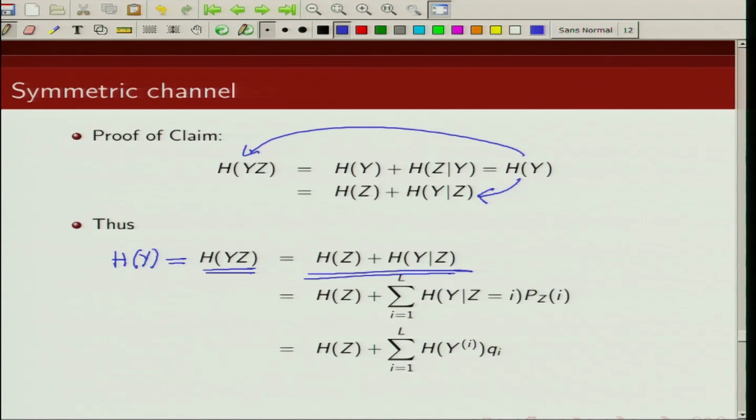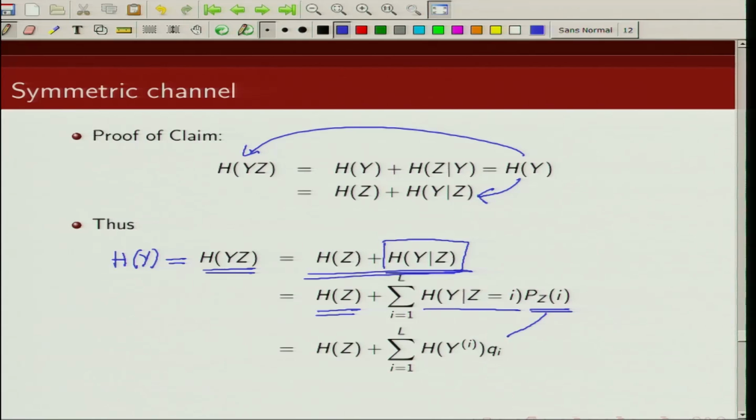Okay. Now let us expand this particular term. So I can write this as h of z plus uncertainty in y given z is i multiplied by probability of z is i. So this is from the definition of conditional entropy.